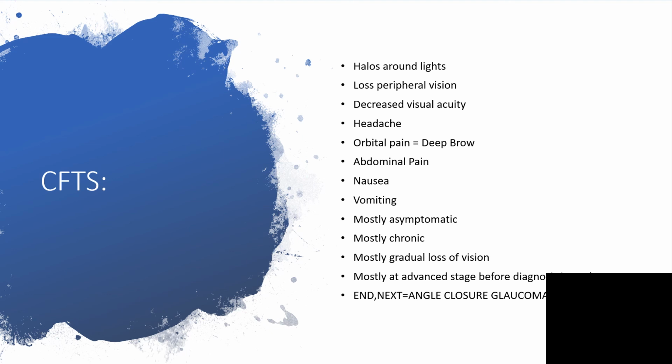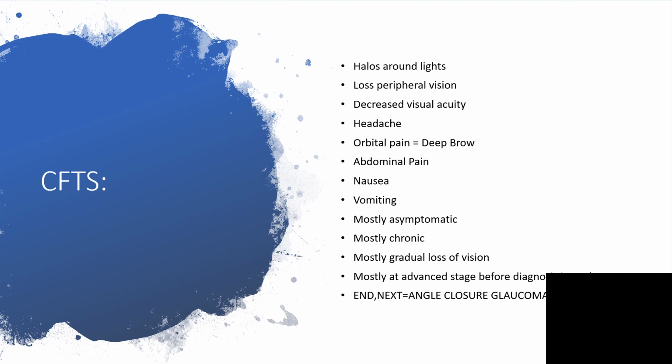Decreased visual acuity, you'll be able to see less, going gradually. Headache, orbital pain, deep brow pain, abdominal pain, nausea and vomiting. Yes, somebody is saying, why that? Now, I've said it's also possible in people with migraine, okay? Most of the time, glaucoma will be asymptomatic, and mostly chronic.